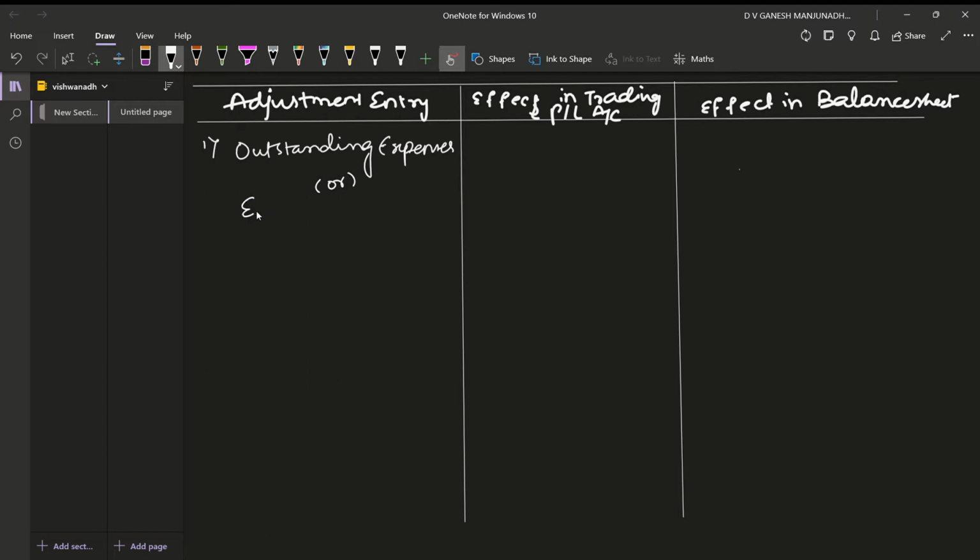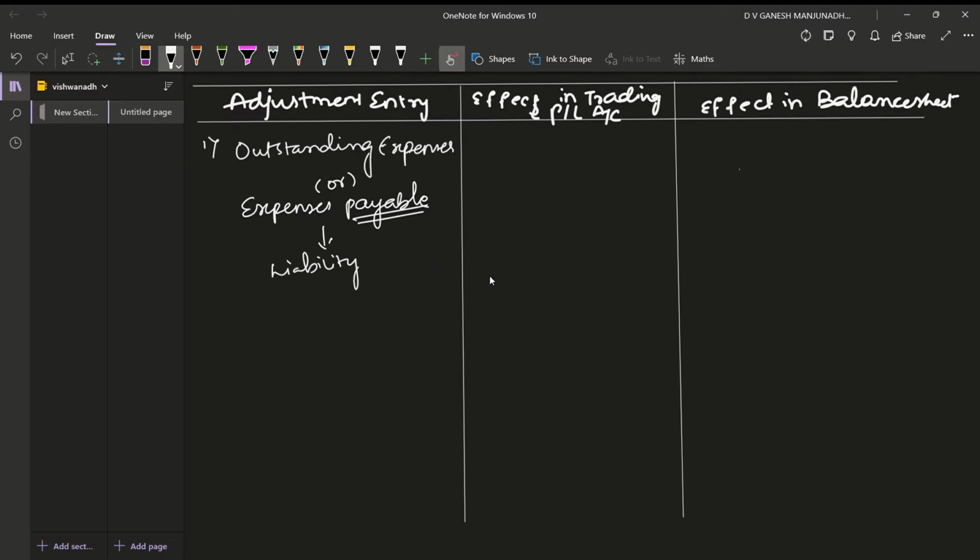With the word payable itself, we can decide that the nature of outstanding expenditure is a liability, which is still payable. The expenses are not yet paid, they are payable, so it is a liability of the firm, not of the proprietor. Here we are going to discuss the firm only. So outstanding expenses are expenses payable.